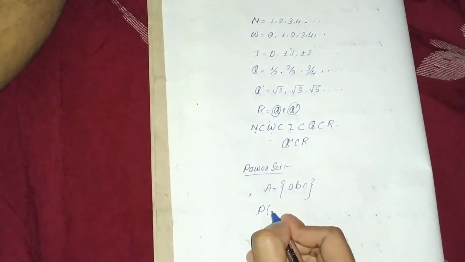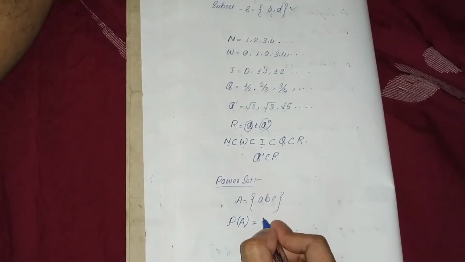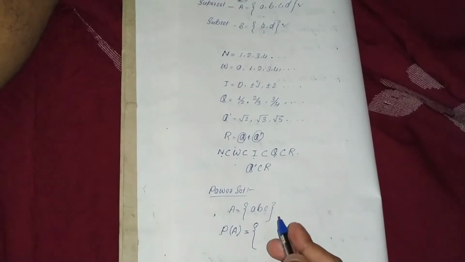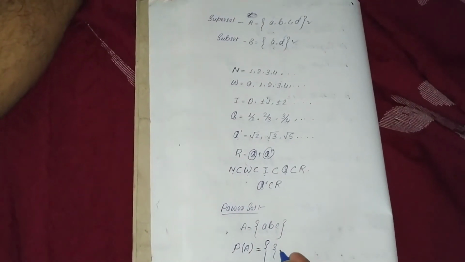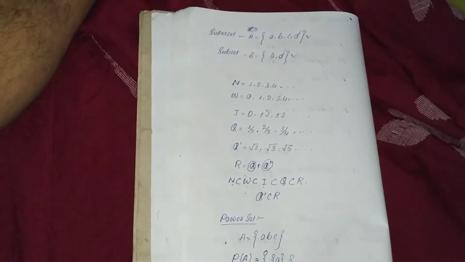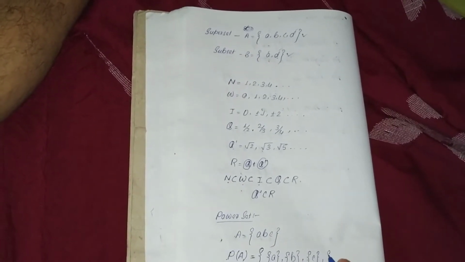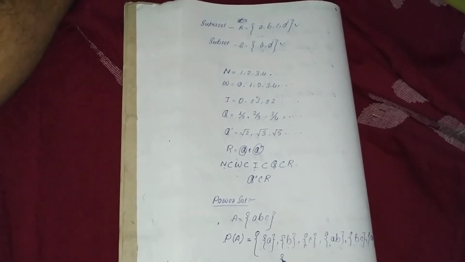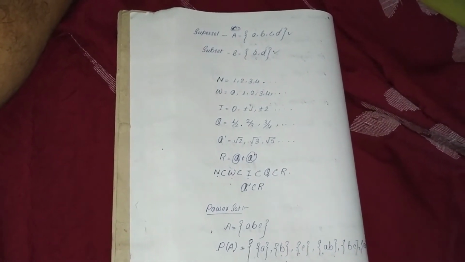What is the power set? Write P(A), and write a big set notation open, then A, B, C, AB, BC, CA, ABC also a combination.